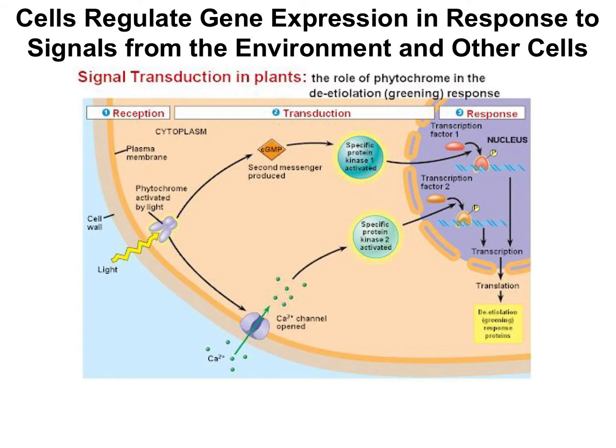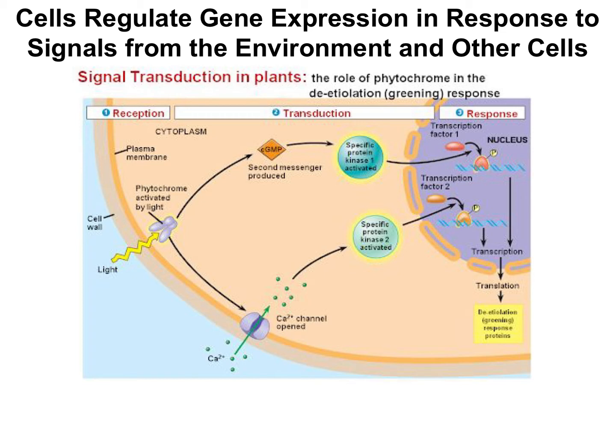Now, besides differentiation, eukaryotes regulate gene expression in response to signals like you can see out here. So in this plant cell, it's responding to light from the environment and calcium released by other cells. Now, light activates phytochrome molecules and calcium enters through calcium channels, and both signaling pathways activate relay molecules that end up activating transcription factors.